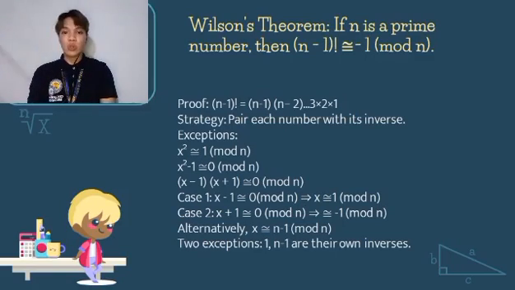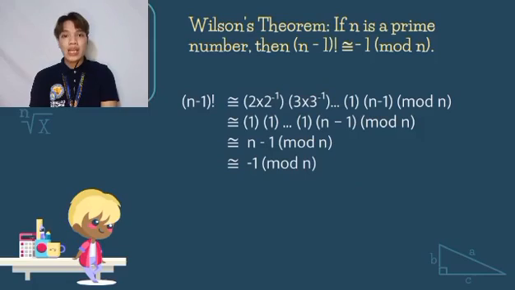For case 2, x+1 is congruent to 0 mod n, and it means x is congruent to -1 mod n, which can alternatively be said that x is congruent to n-1 mod n. These are the two exemptions of this theorem. 1 and n-1 are their own inverses.